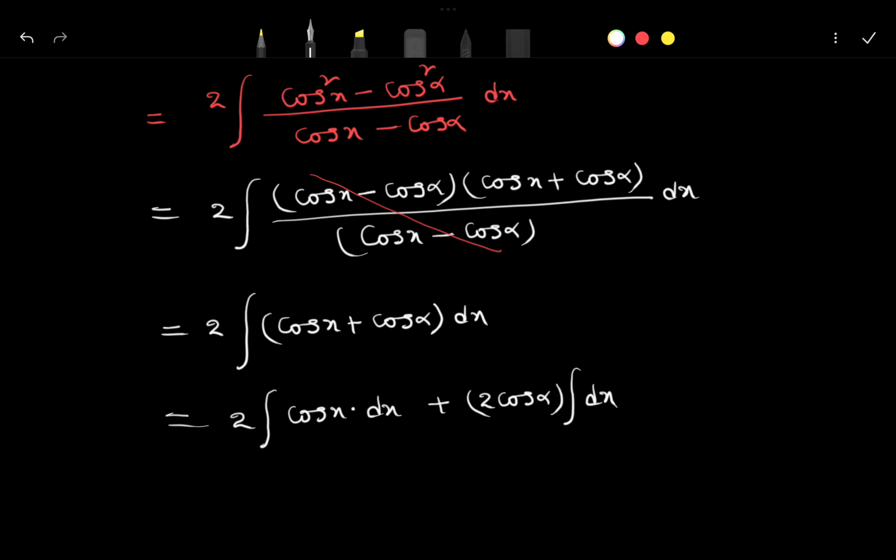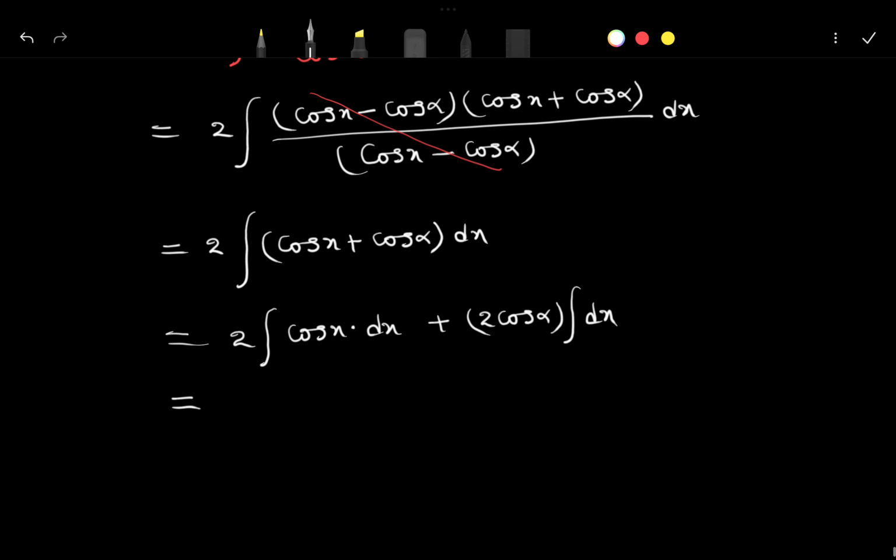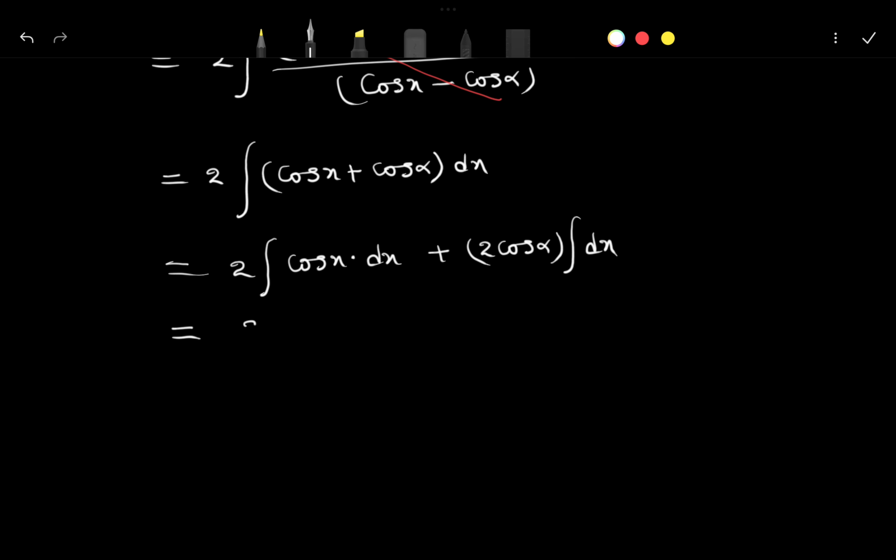Here alpha is a constant, so 2 into cos alpha is completely constant. Now, you know the integration of cos x is sin x. So 2 into sin x plus 2 into cos alpha into the integration of dx, which is x, plus c. This is the final result.